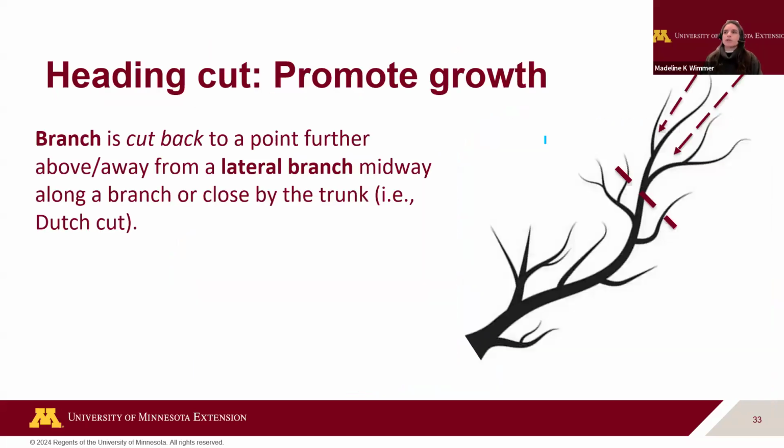On the other hand, if we're trying to promote growth, then we're going to be doing something that's known as a heading cut. So this heading cut, or when you head a branch or you head the top of a tree, is basically cutting back the branch, not to an actual lateral branch, but basically to a point on the branch in between two different lateral branches.